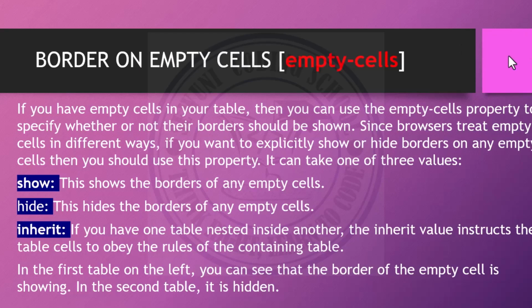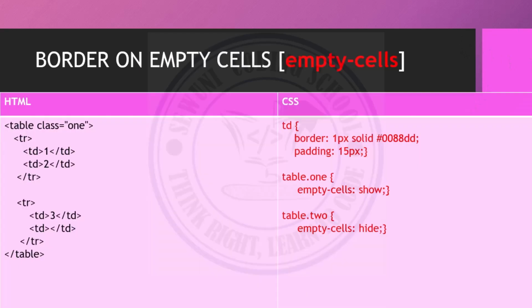So let me show you the codes first of all. Now this is what I'm going to show you. These two tables, one has a class of 1, and the table data, which I'm going to give 1 pixel and a solid border around it, and a padding of 15 pixels.